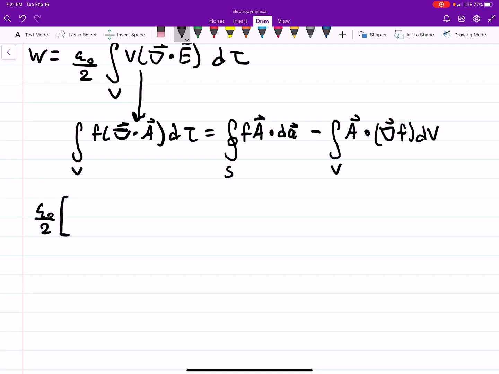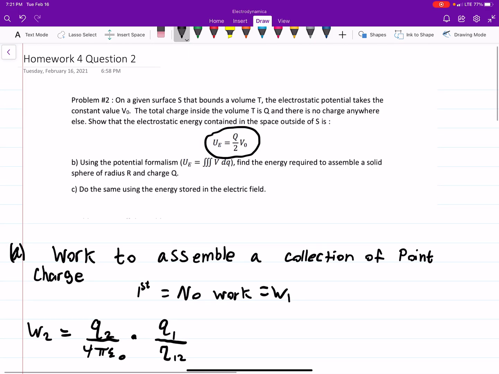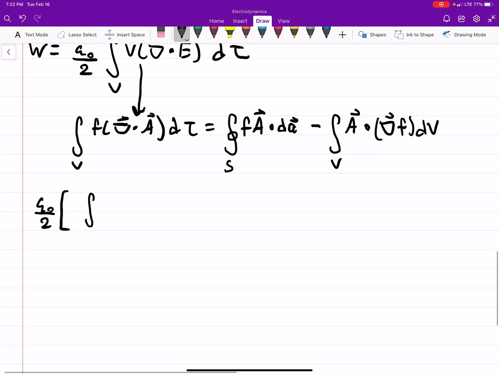That's going to be out there. And then what do we have? We have the surface integral, which the surface is called, I think just S. I know the volume's T, so I think this is just S. S of, and let's just see that our F is basically our potential, and vector E is basically our vector A in this general example.